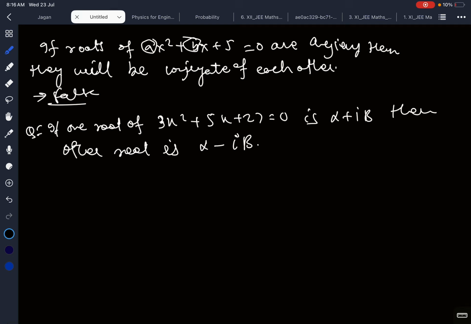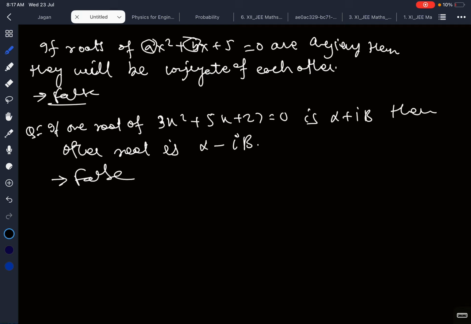In this question, the coefficients of our quadratic equation are real, but will this statement be true? I will say this statement is false. Why? Because we haven't been given the information that alpha and beta are real.